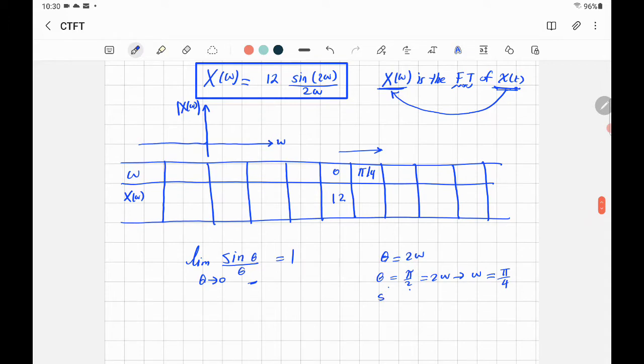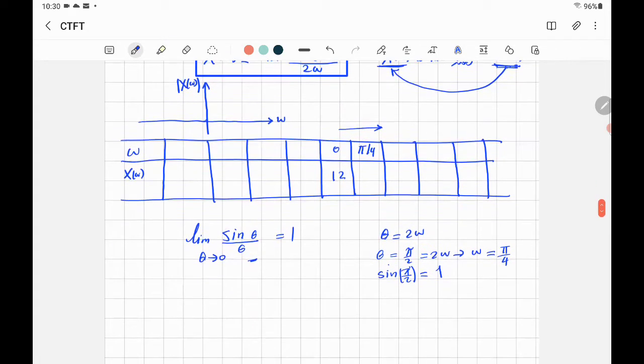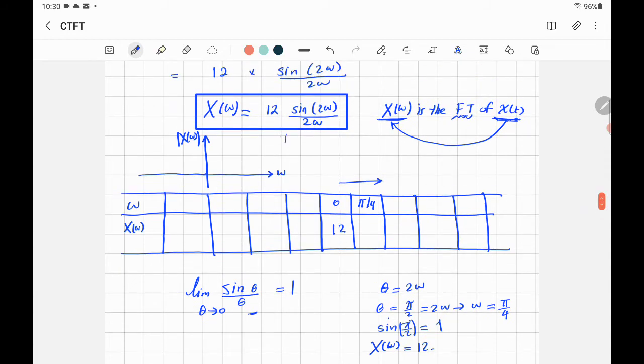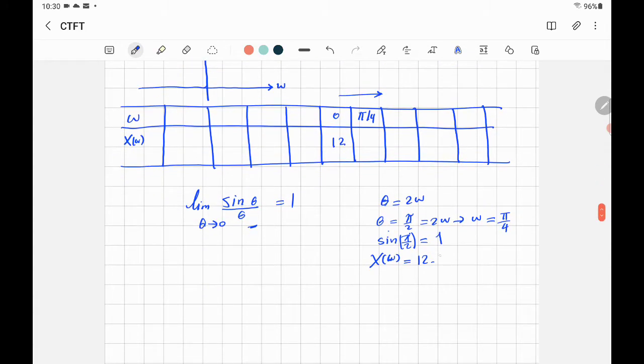Well, sine pi over 2 is equal to what? Is equal to 1. All right. So now we have the value of X of omega at omega equal to pi over 4. It's equal to 12 sine pi over 2 divided by pi over 2.